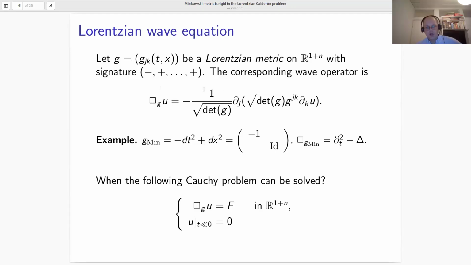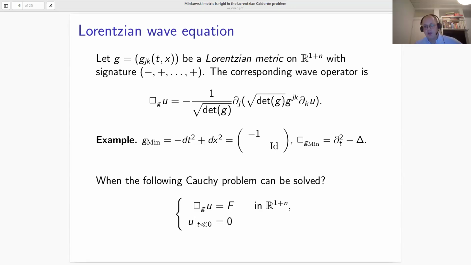And then we can define the canonical wave operator on the Lorentzian manifold, which is given by this formula. It is exactly the same formula as you would have for the Laplace-Beltrami operator on a Riemannian manifold. But now you need to view this determinant as the absolute value of the determinant.